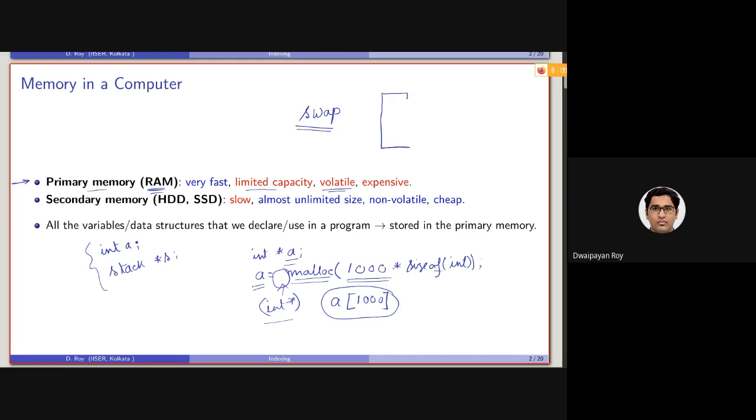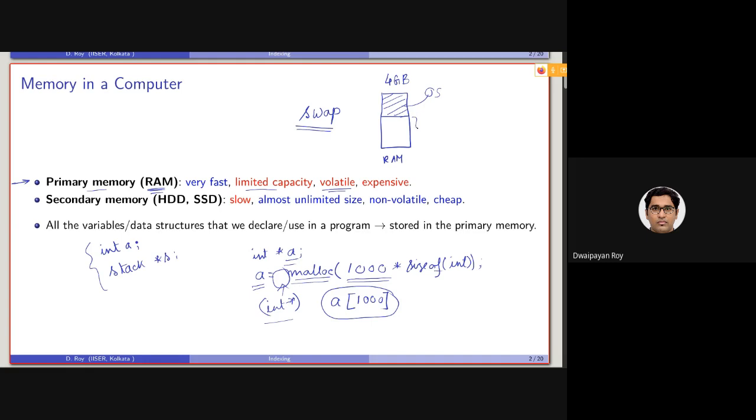So let's consider this is the random access memory, and let's consider that it is of capacity, say, 4 GB. Although it is too small in 2022, let's consider that it's of size 4 GB. Now, if you start the computer, you will see that more than 1 GB of space is already occupied by the operating system, right?